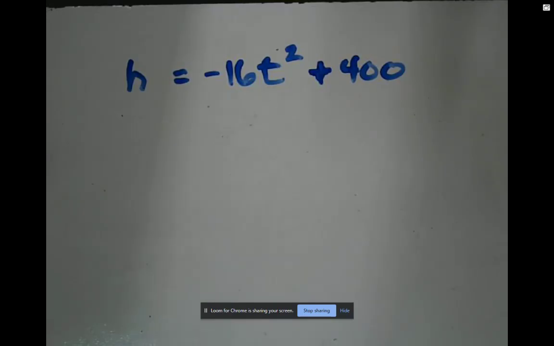hit the ground? Okay, so the thing to remember here is what height is the ground, right? What height is the ground?